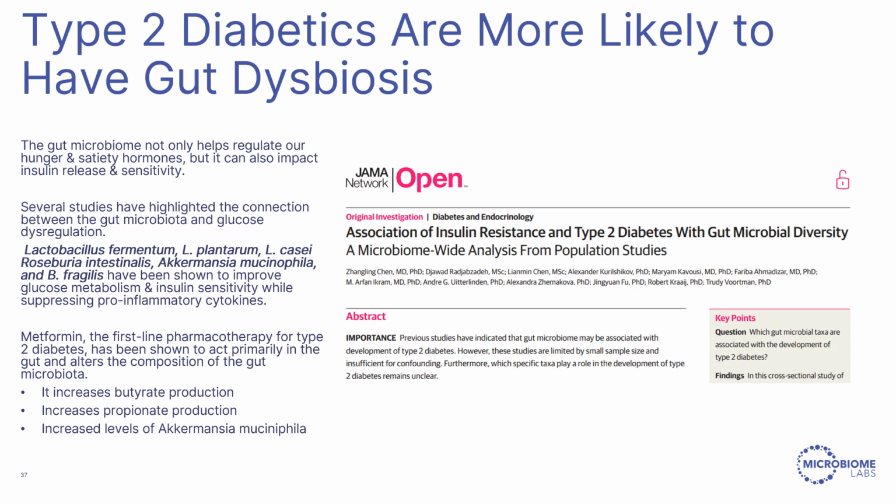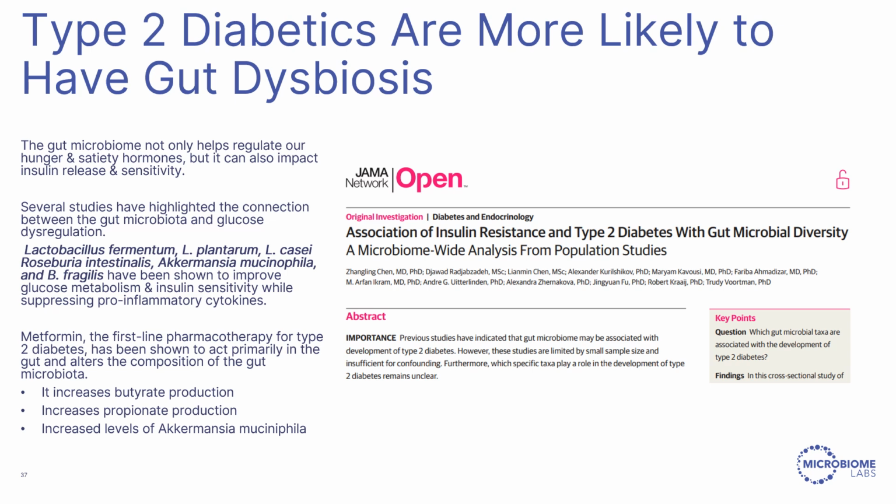The gut microbiome not only helps regulate our hunger and satiety hormones, but it can also impact insulin release and sensitivity. When researchers have looked at the stool samples of patients with type 2 diabetes, they found that they had fewer levels of positive and health-promoting bacteria like Lactobacillus fermentum, Lactobacillus plantarum, Roseburia intestinalis, and Akkermansia.